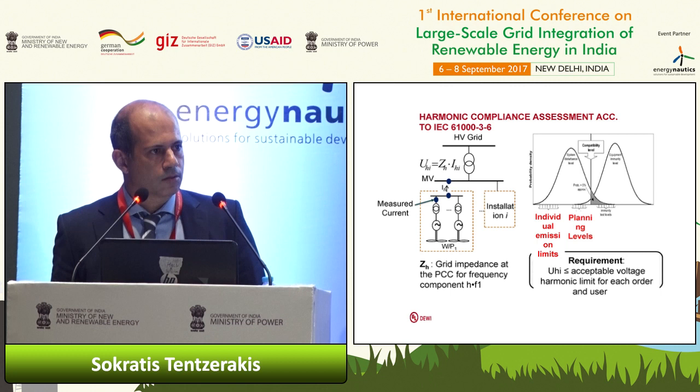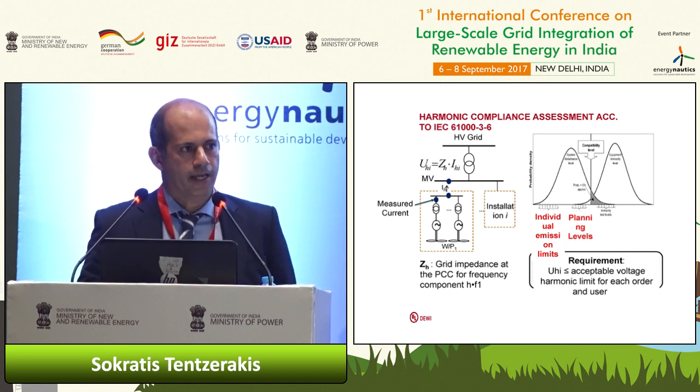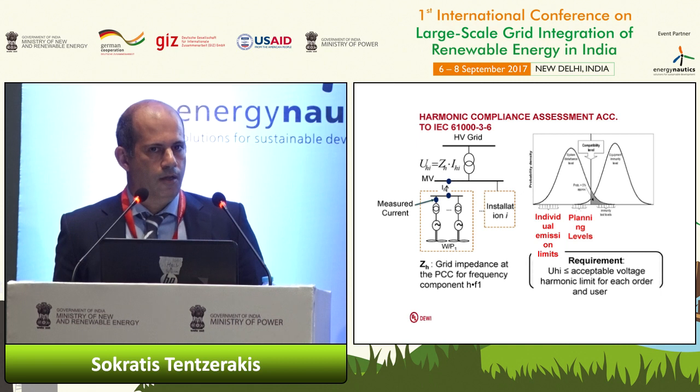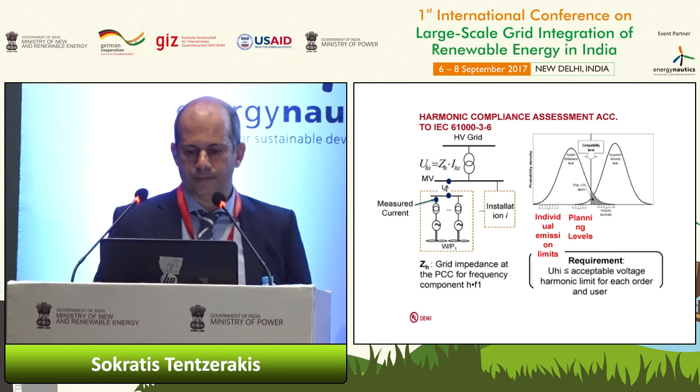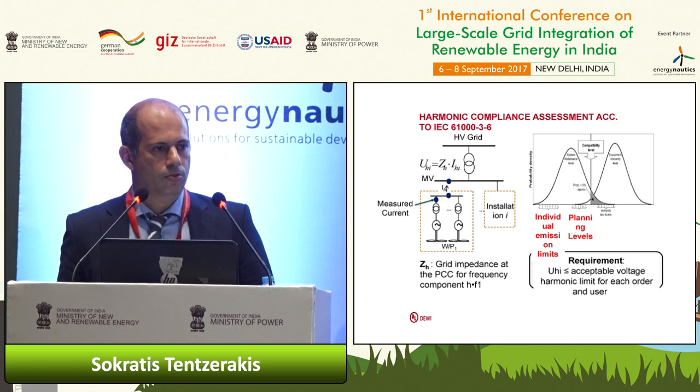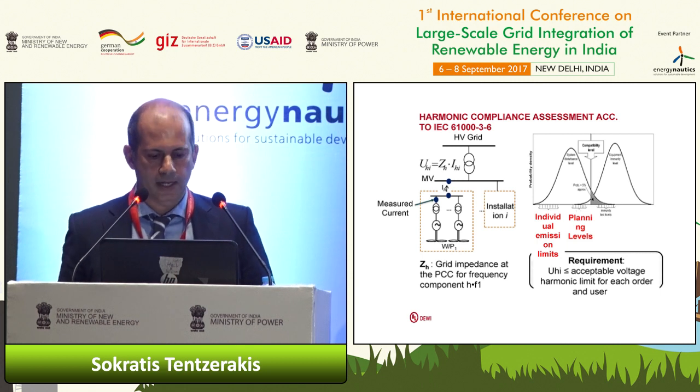And by considering hopefully a reliable value of the grid harmonic impedance, we estimate the voltage harmonic at each order, which is what we search for, and the requirement is that this voltage distortion should be lower than a limit.